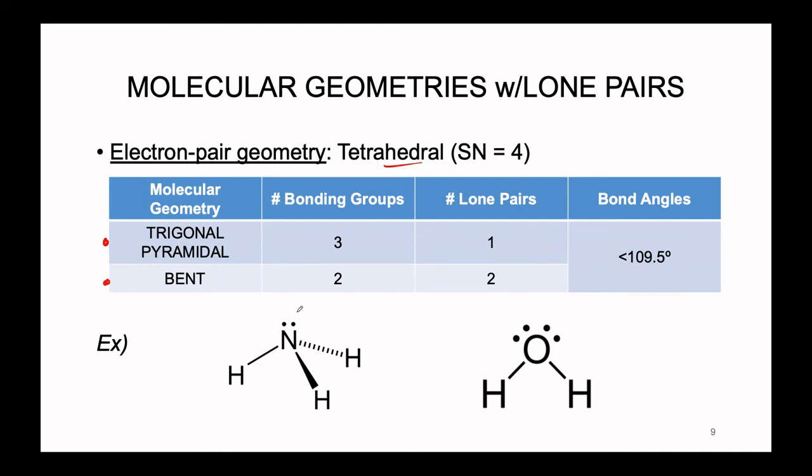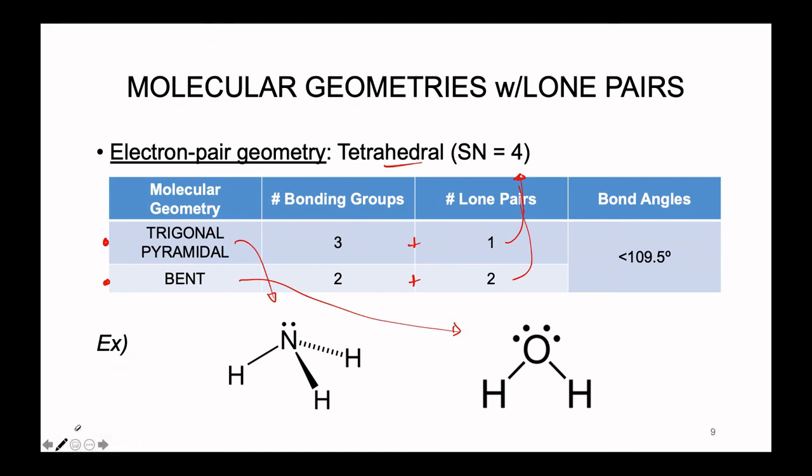So there are 2 different configurations that we can get, either 3 bonding groups and 1 lone pair to get a total of 4, or 2 bonding groups and 2 lone pairs to get a total steric number of 4. The first case, the trigonal pyramidal case, corresponds to the NH3 that we have below, and the bent, where we have 2 bonding groups and 2 lone pairs, is going to correspond to the water that we have over on the right.